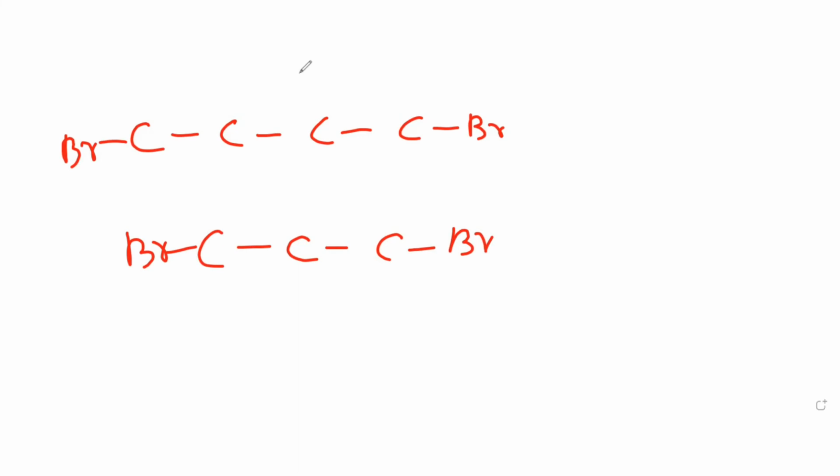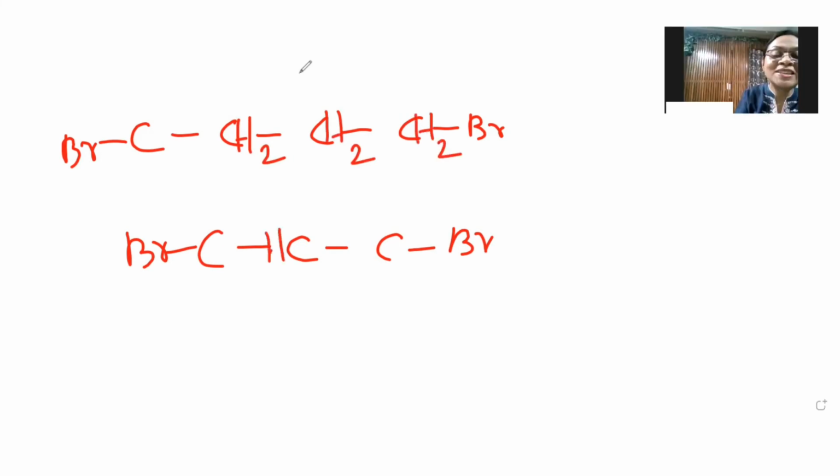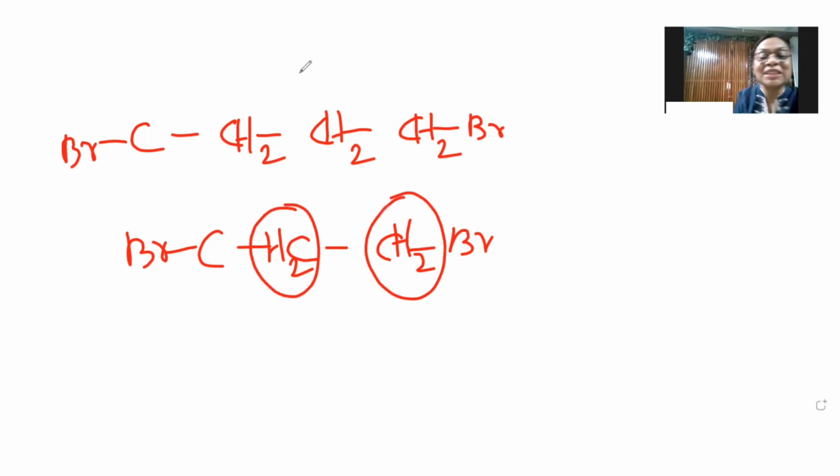So is it possible to have common names of these compounds? Let us dwell a minute on whatever we have learned and see if we can get some kind of common name for this compound. We will have to segregate this CH2 as a methylene, this CH2 as a methylene when we try and write the common names of these compounds.